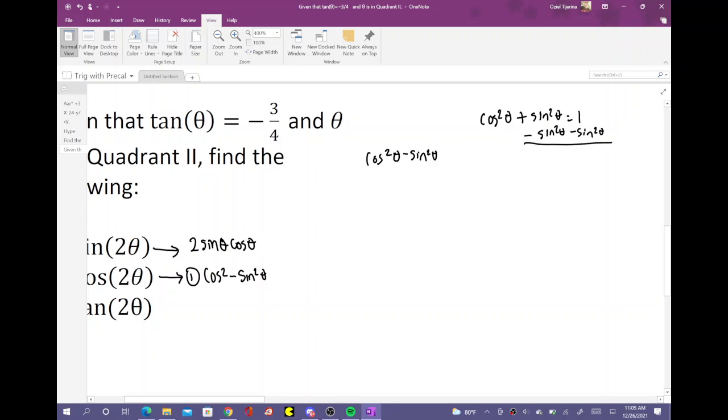By subtracting sine squared theta on both sides, cosine squared theta equals 1 minus sine squared theta, right?